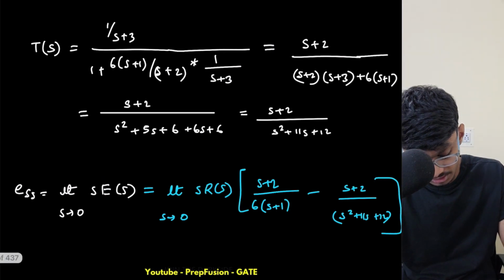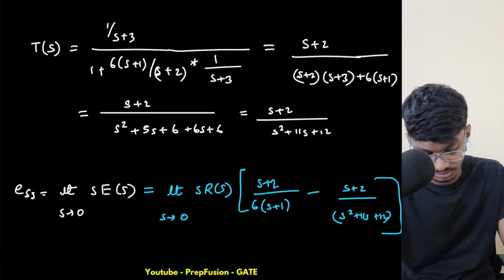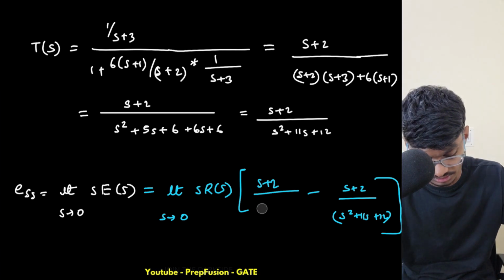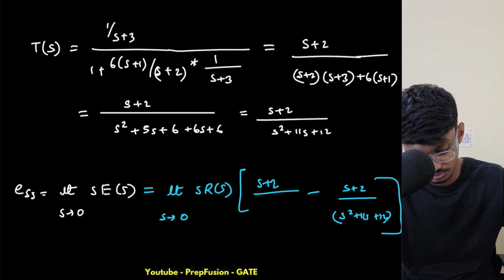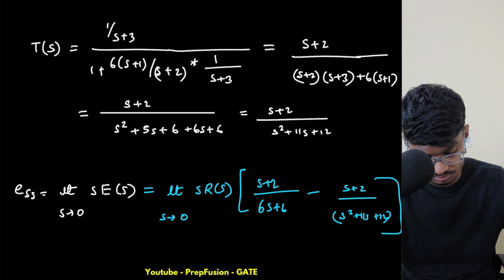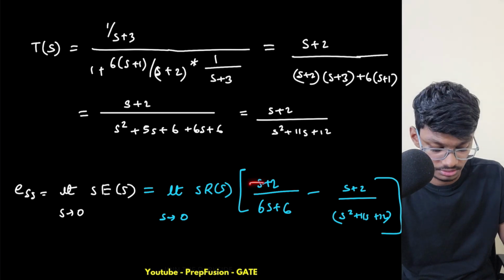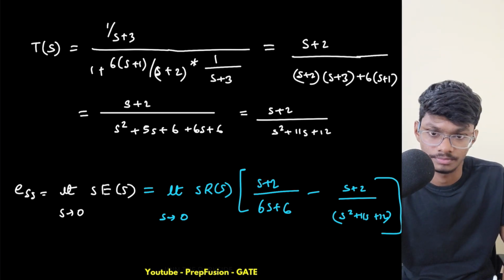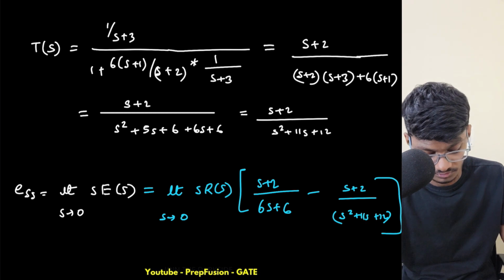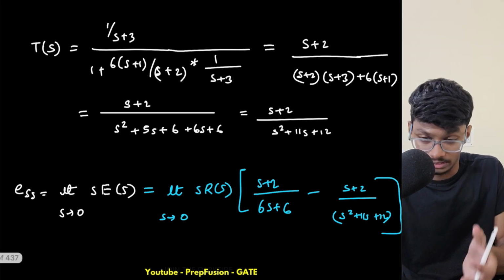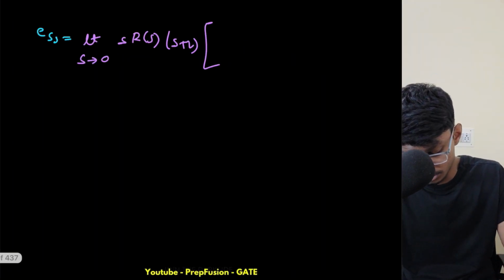Here this is 1 by 6 into 6s plus 1, like this is 6s plus 6 basically. Now what is this? This one is s square plus 11s plus 12. So I'll just do cross multiplication, simple.